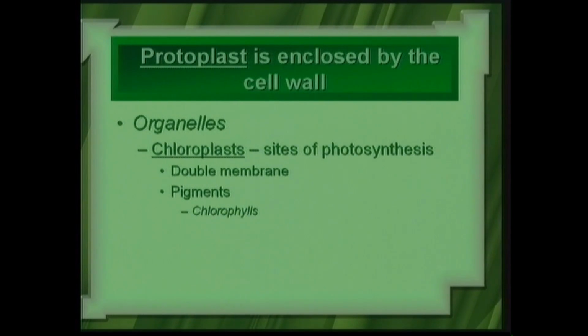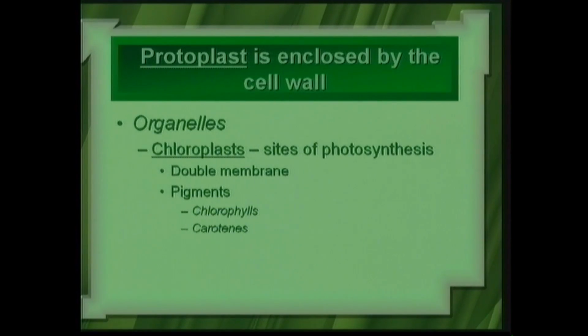One is a yellowish-green pigment, the other is a blue-green pigment. Because they're a little bit different in color, they can absorb different parts of the light spectrum, because visible light goes all the way from red into orange, yellow, green, different kinds of greens, into blue, and into violet.